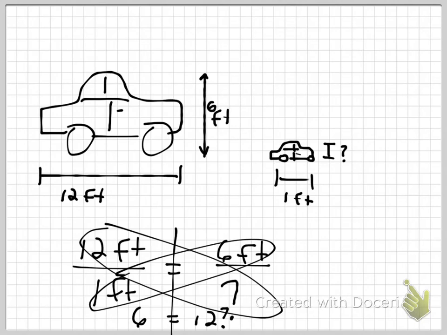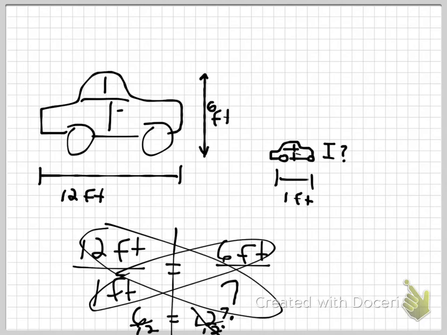Is the question mark happy? No. What's wrong with him? He's not alone. Who's with him? The 6 is not with the question mark. 12 is. What is the 12 doing to him? Multiplying him. How do I get rid of multiply by 12? Divide by 12.